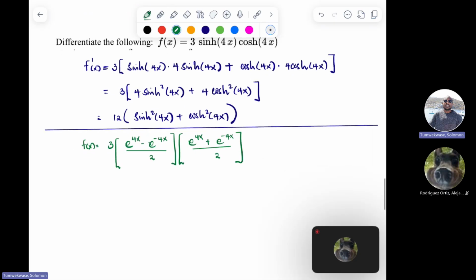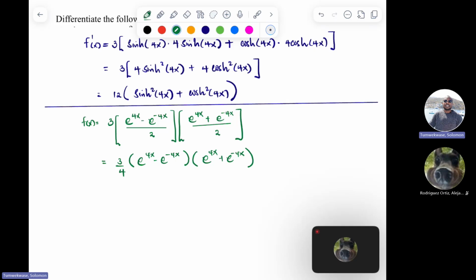We are multiplying everything, so this 2 and this 2 multiply to make 4, so this can be 3 over 4 into e to the 4x minus e to the negative 4x, then times e to the 4x plus e to the negative 4x. Now, you can first multiply this, but maybe that's not a good idea. I can first open up these brackets.